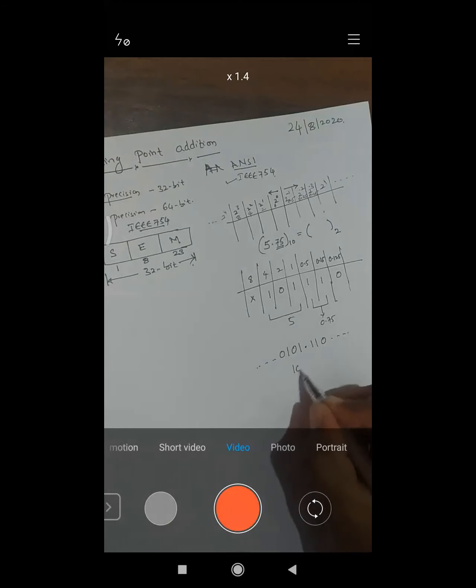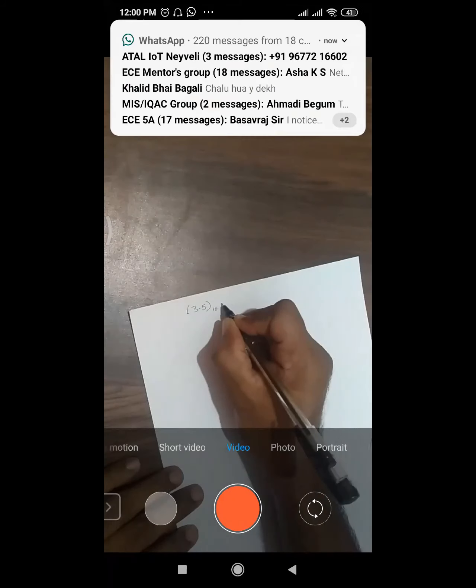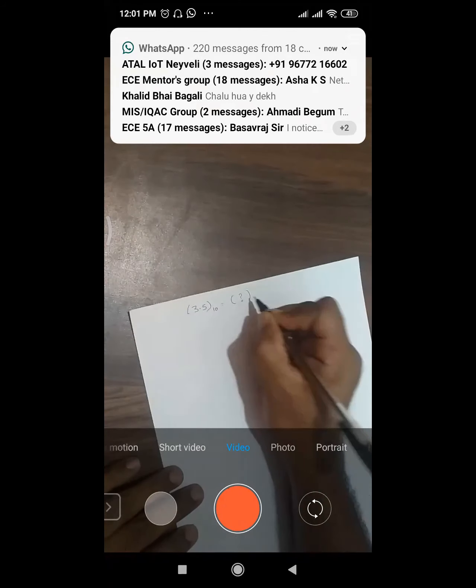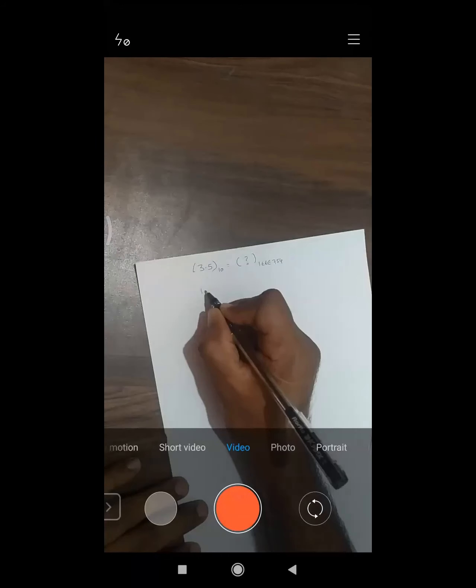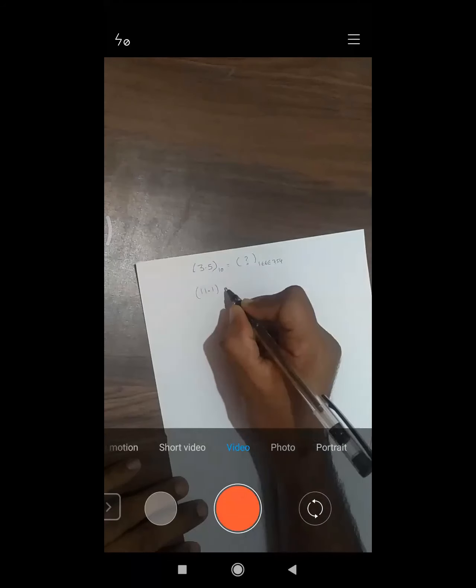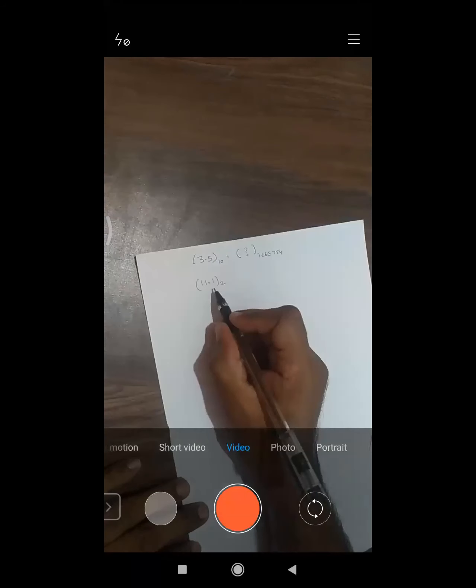So the answer is 101.11 to the base 2. So this was our IEEE 754. Now this is 1 to the base 2. Okay. Now actually here we made a mistake.